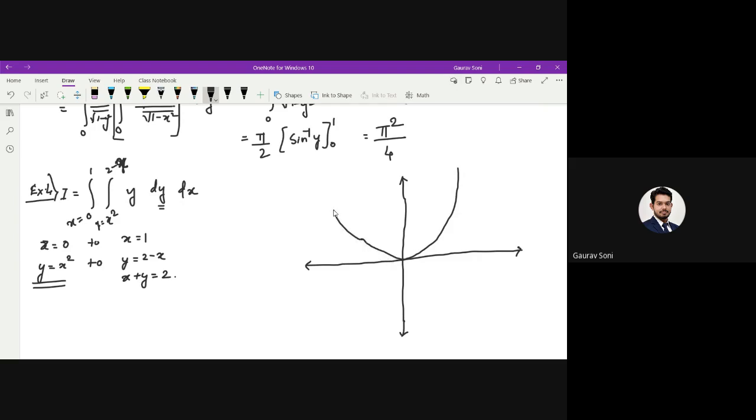Y is having power 1, so it is opening towards the positive y axis. The other one, x plus y equal to 2, what is this? Straight line. If I want to draw this straight line, I will have to take 2 points. The first one is the x-intercept, which is (2, 0). The y-intercept for this line is (0, 2). Draw the line.